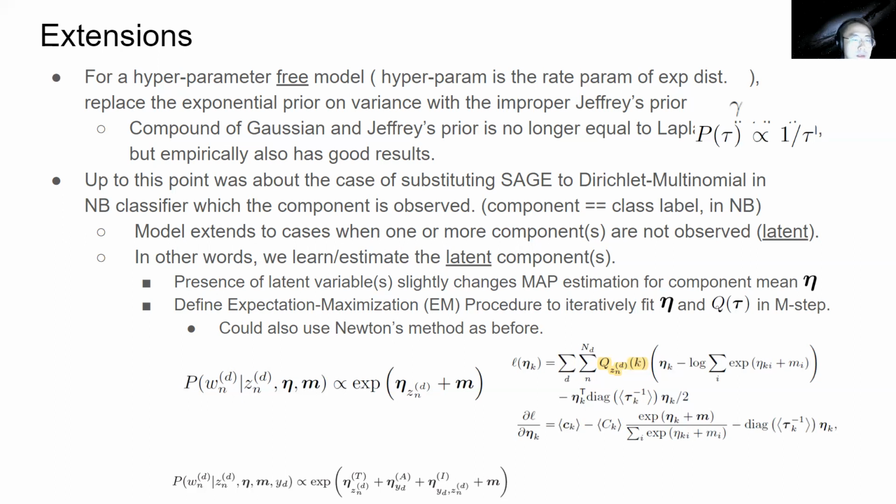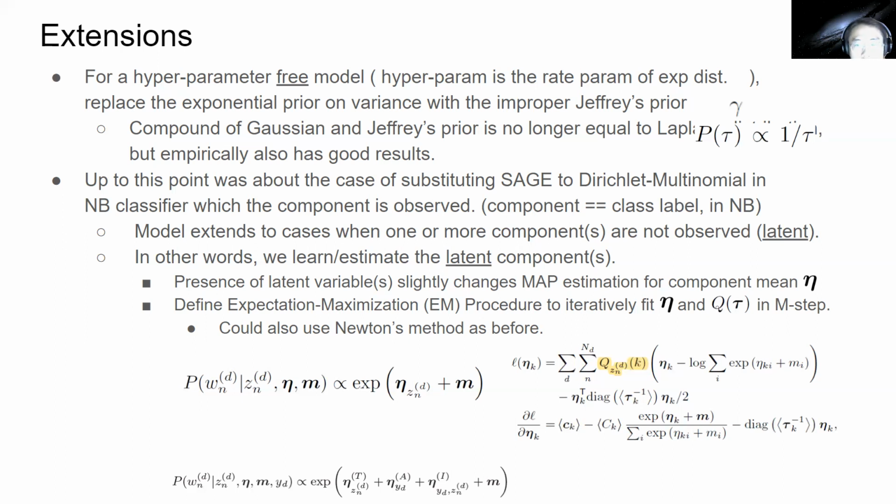Based on that, we construct the prior and the likelihood, and then we determine whether this tweet should belong to class 1 or class 2. So the main point is that we are given the class label. In this case, the component facet is observed.